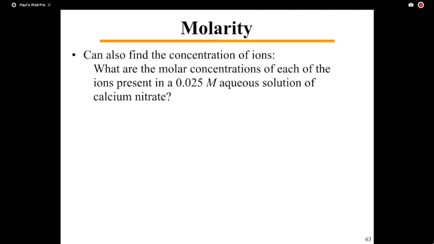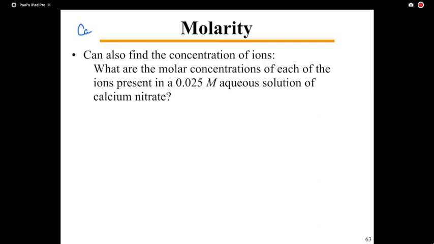Okay, and so this says, what are the molar concentrations of each of the ions present in a 0.025 molar aqueous solution of calcium nitrate? Okay, and so the molar concentrations of each ion. Well, first off, we need to know what calcium nitrate is. Every time I create a compound from a word, I do some scratch work.